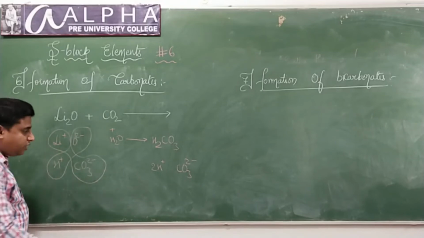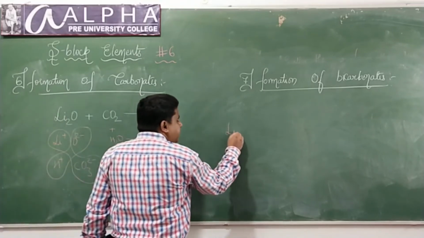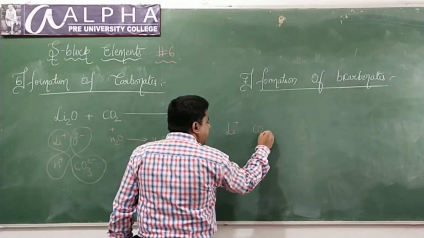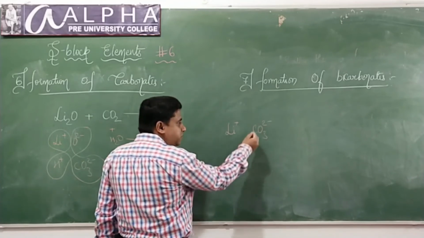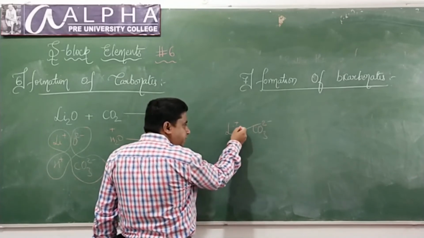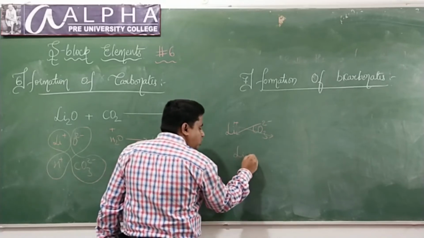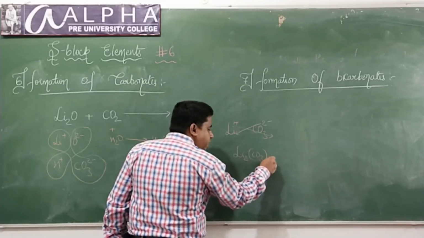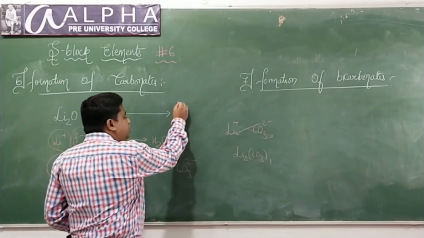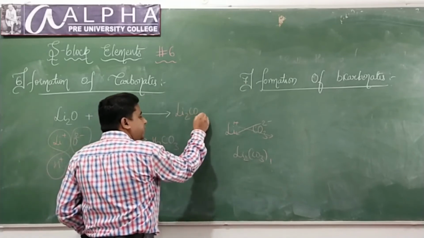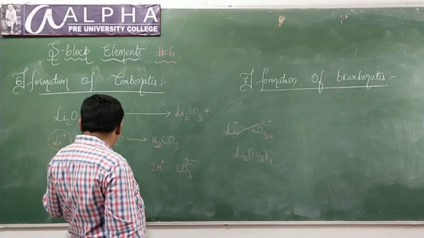Look here. Lithium goes with carbonate, crisscross method. Multiply 2 here and 1 here. So what are you going to get? Li2CO3, lithium carbonate, plus, what else do we have?